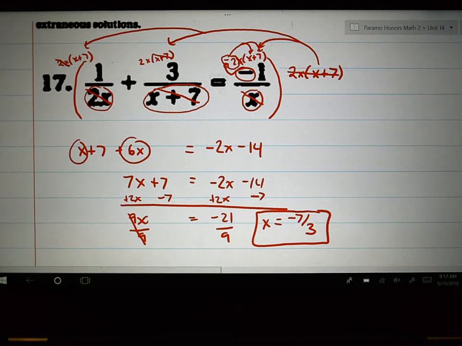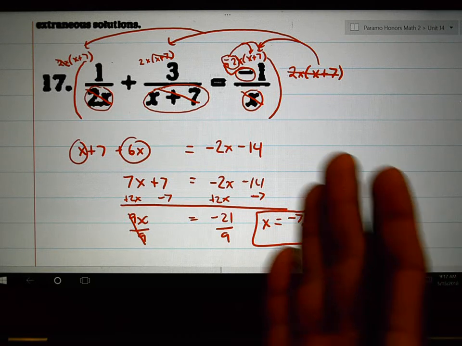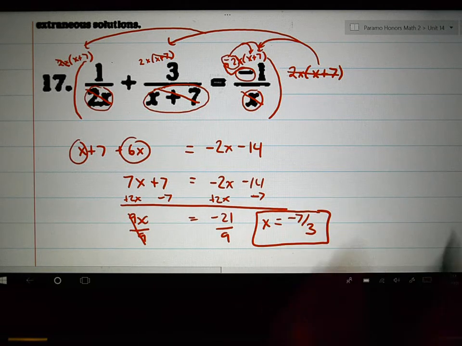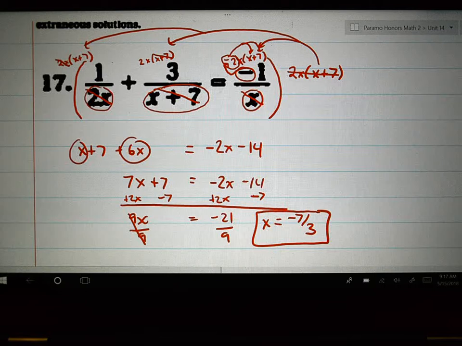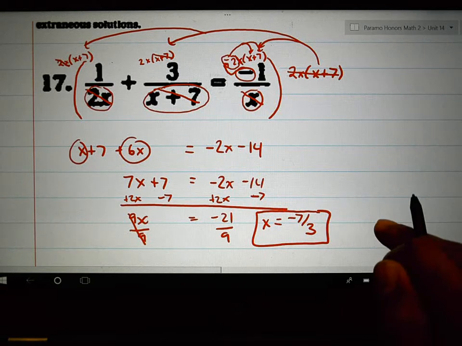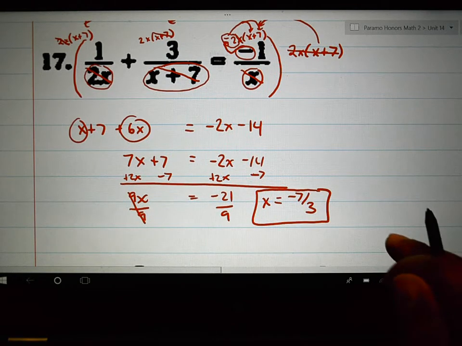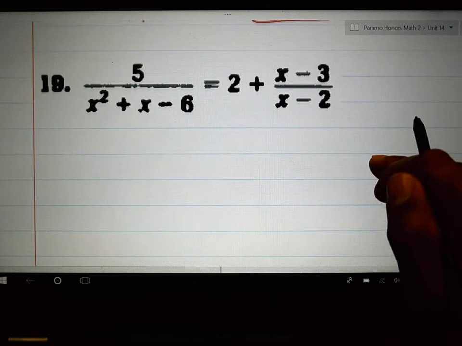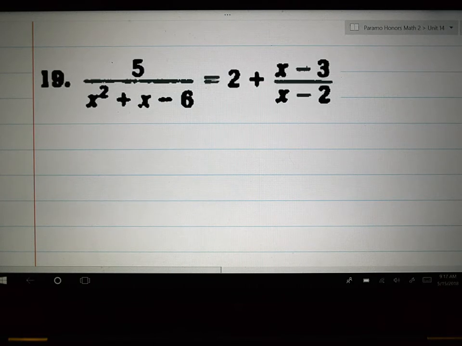Since I'm using a lot of the curriculum from Algebra 2. In Algebra 2, we made sure we tested, are they checking their domain? Is it possible? There will be one tricky question in there that this is not the answer because it's not a part of the domain. Keep that in mind. Just like that quiz, that homework question. The last example I have for you is number 19.